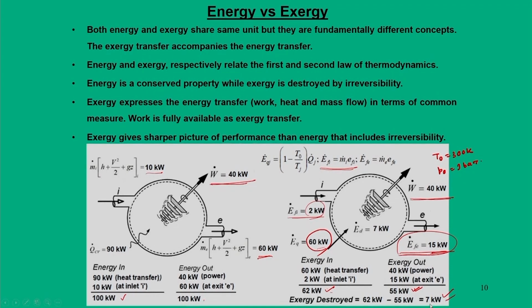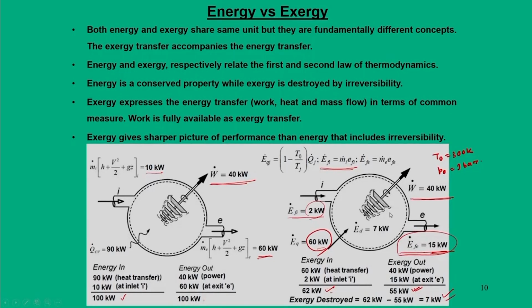That means this 7 kilowatt number should be as small as possible, so that effective utilization of resources can be achieved. So, this is how the significance of exergy is realized, because exergy gives a sharper picture of performance than energy, because it includes the irreversibility.